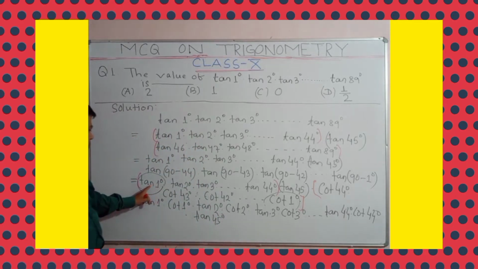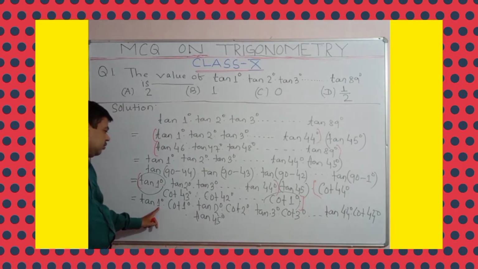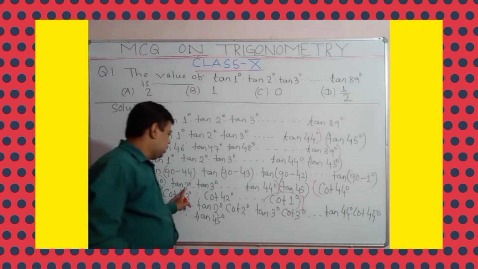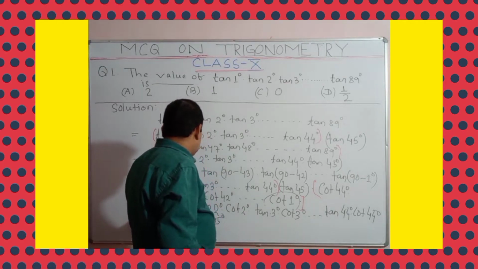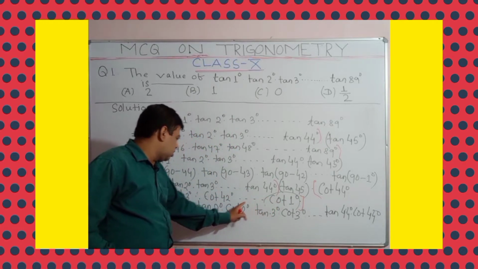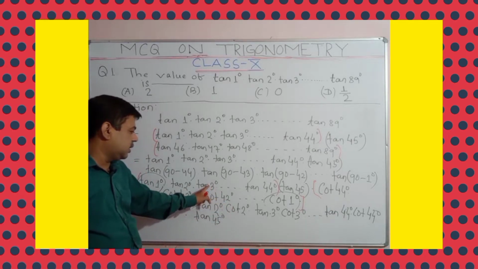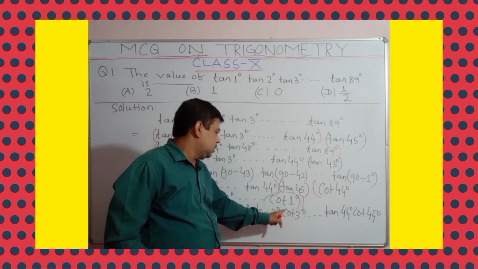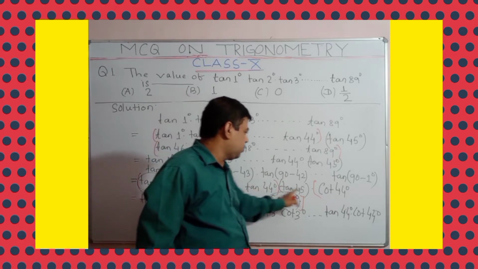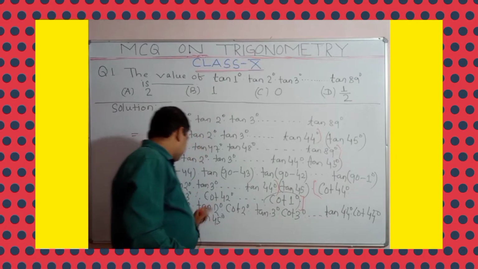You see tan 1 degree, here cot 1 degree. Can you make a group? Tan 2 degree and cot 2 degree. In a similar manner, tan 3 degree with cot 3 degree, and similarly the last, tan 44 into cot 44. Then tan 45 degree, you write down here.